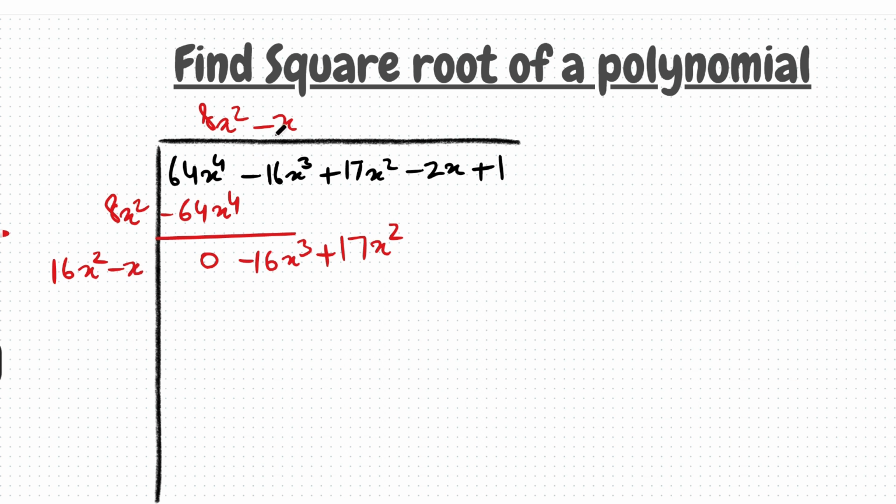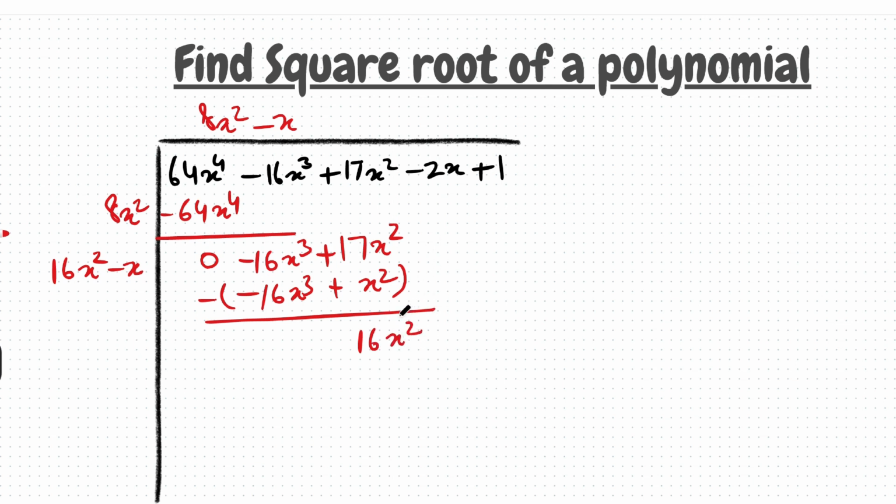Okay, now if we multiply both of them, 16x square minus x with minus x, we will get minus 16x cube and plus x square. Now if we subtract, we will get 16x square.